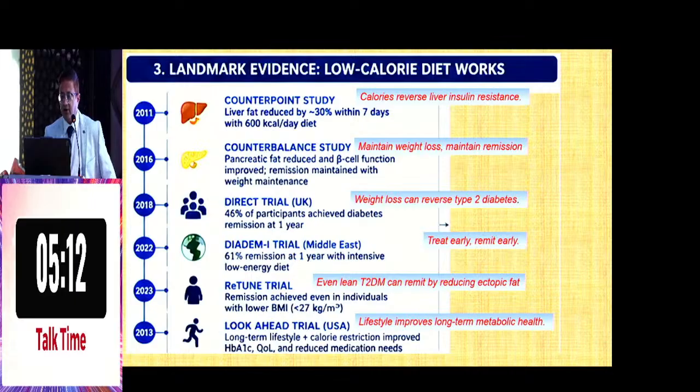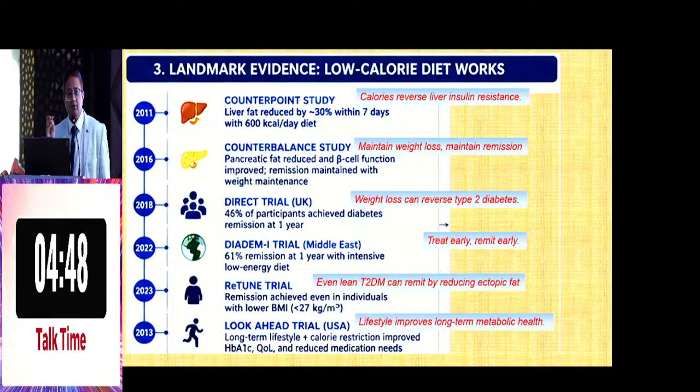Weight loss can reverse type 2 diabetes in the DiRECT trial. Abhishek told of various caveats in the DiRECT trial, but the ultimate result is weight loss. The DiaDEM trial: treat early, remit early. Even type 2 diabetes patients who are lean can remit by reducing ectopic fat.